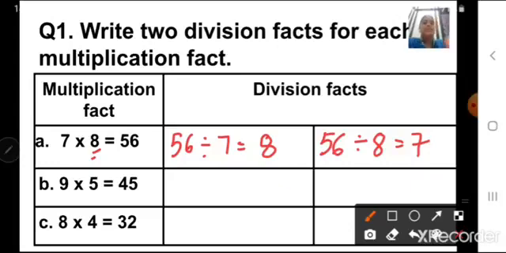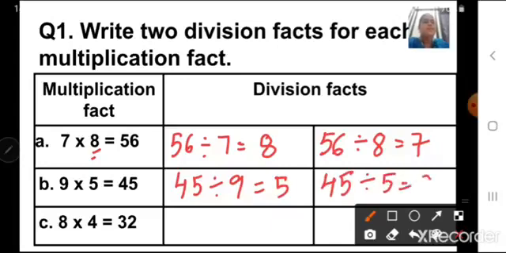Right? Next one, 9 into 5 is equal to 45. How will we write this? 45 divided by, you can take any of the factors, 9 also you can take, or 5 also. So let us take 45 divided by 9 is equal to 5, and 45 divided by 5 is equal to 9.